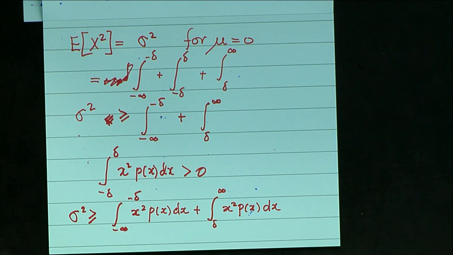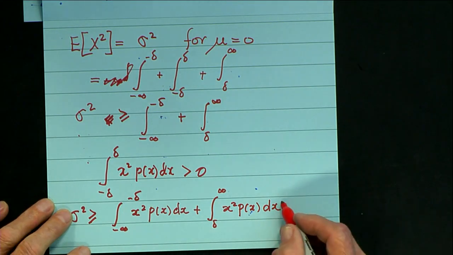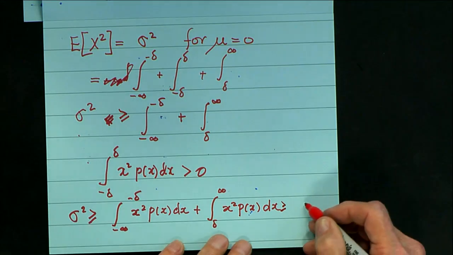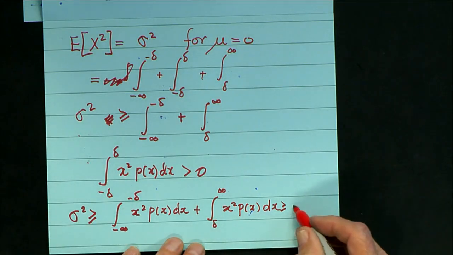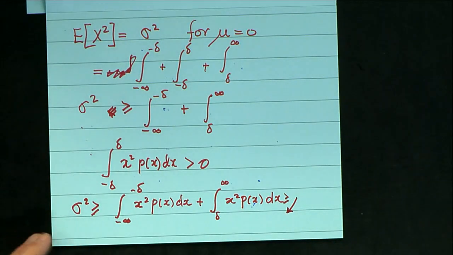This x squared, it's from delta to infinity, so it takes on values greater than delta. So I would say this is greater than or equal to, and I'll just write it down here so you can see it on the same page.